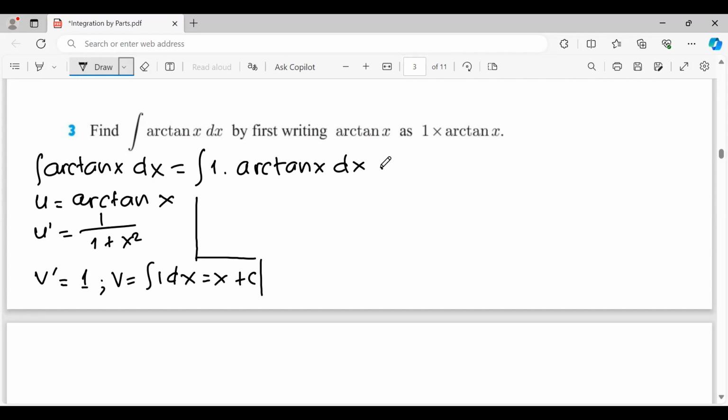So becomes u times phi. Arctangent x times this one, phi, times x plus c minus integrals phi, x, times derivative u.